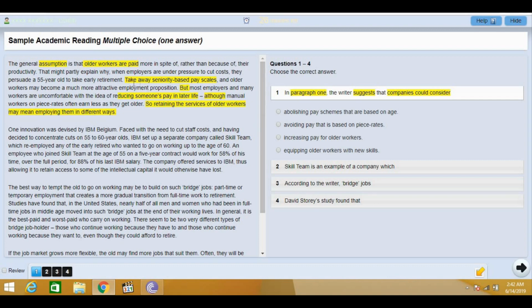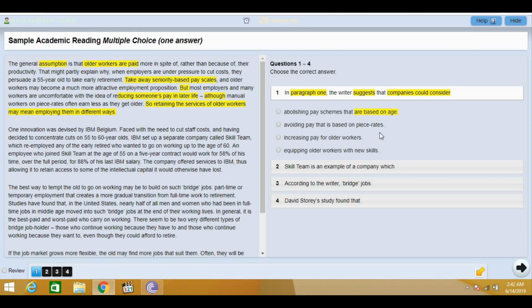Then we can match what we have found with these multiple choices. Abolishing pay schemes that are based on age. Actually, that can be quite similar, because the paragraph talks about age and payment. Let's move on. Avoiding pay that is based on piece rates.